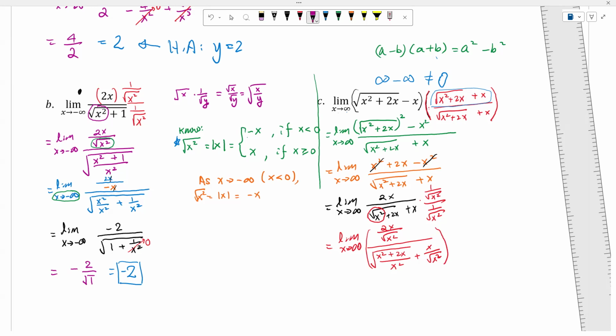Now, back to the definition. If we have the square root of x squared equal to the absolute value of x, then as x goes to infinity, that means x is greater than 0.